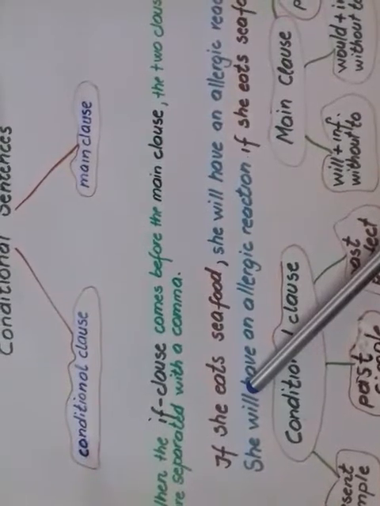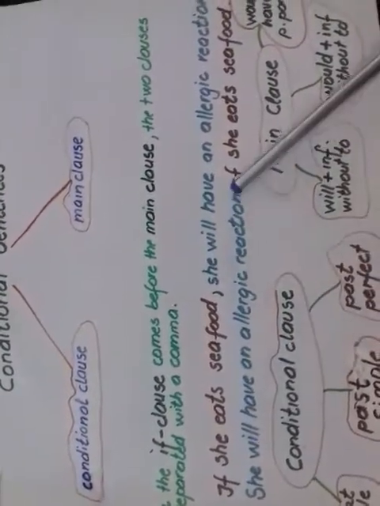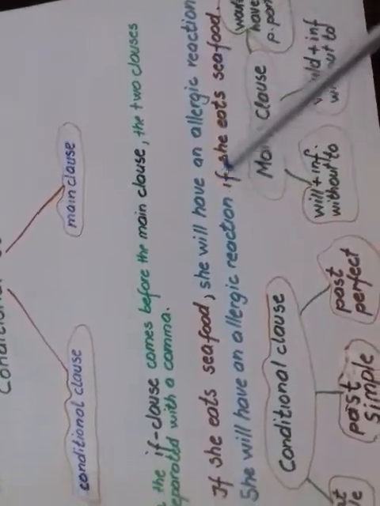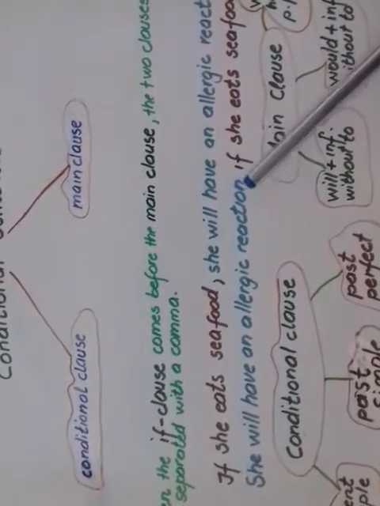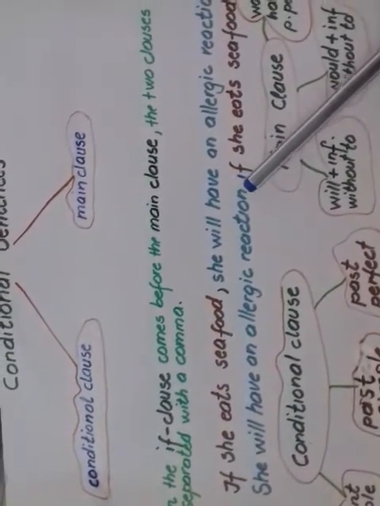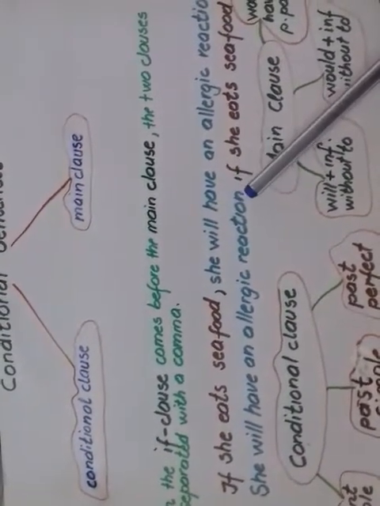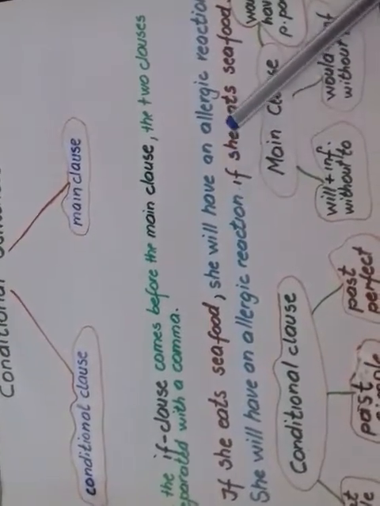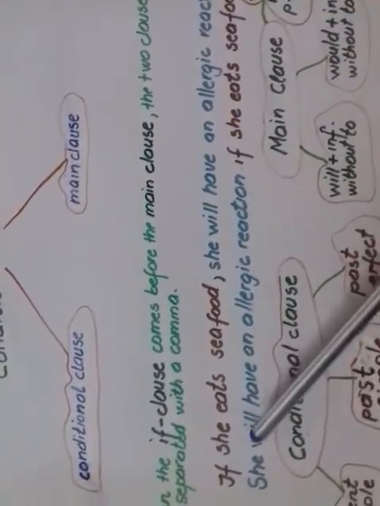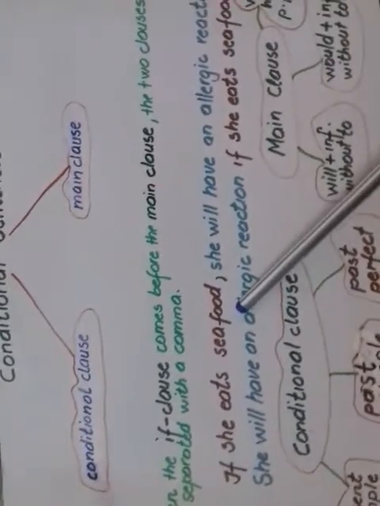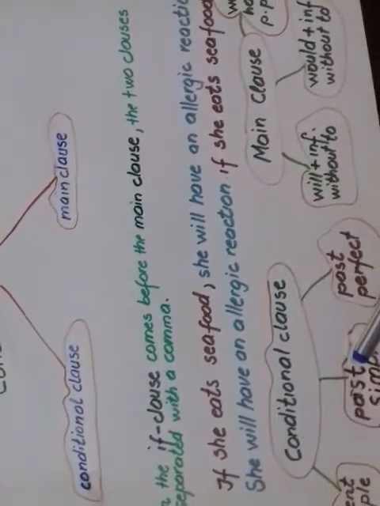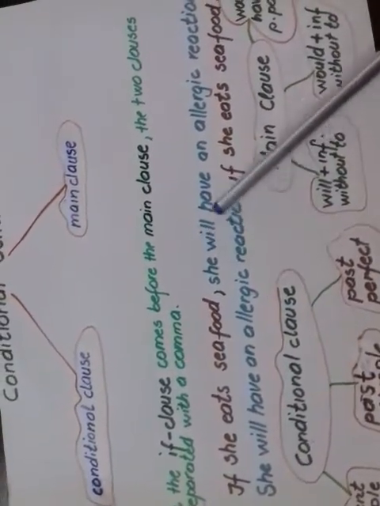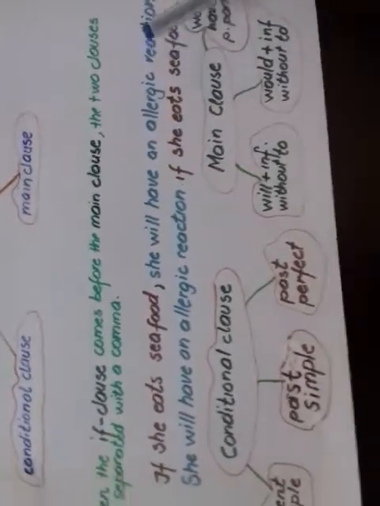The main clause comes before the if clause. So as you can see, I have not used a comma here since it is not necessary, because the main clause is positioned at the beginning of the sentence, followed by the if clause.